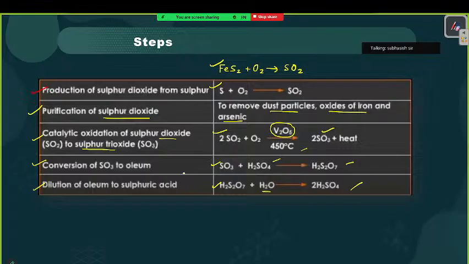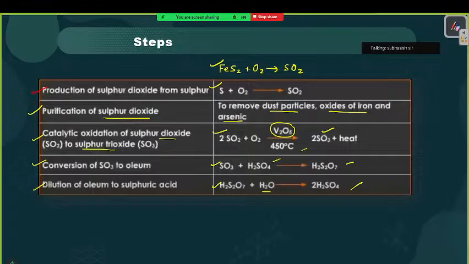So here you see that 1, 2, 3, 4, 5, five different steps are involved in this process, starting from sulfur or iron pyrites and ending with concentrated sulfuric acid, or even dilute sulfuric acid, as per your requirement.